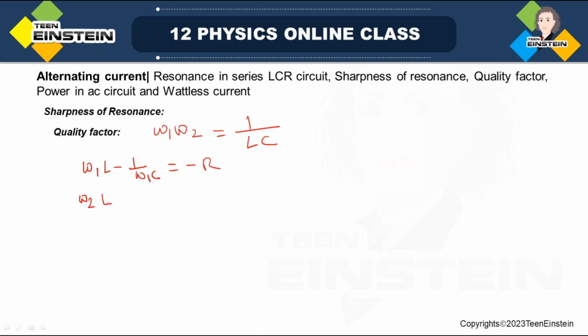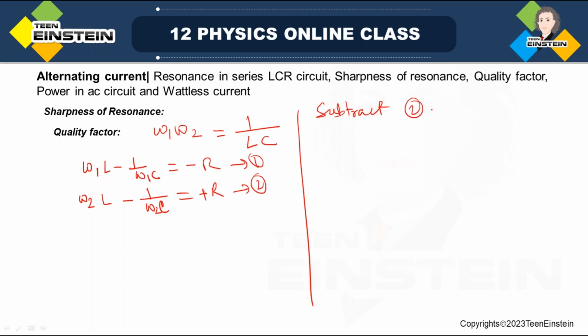Okay, now see, we had the equation omega 1 L minus 1 over omega 1 C is equal to minus R, and we had omega 2 L minus 1 over omega 2 C equal to plus R. So these two equations, if I just subtract 1 from 2, what we'll get is omega 2 minus omega 1 into L. Subtract means the 2R will be here, and this term will actually be subtracting.